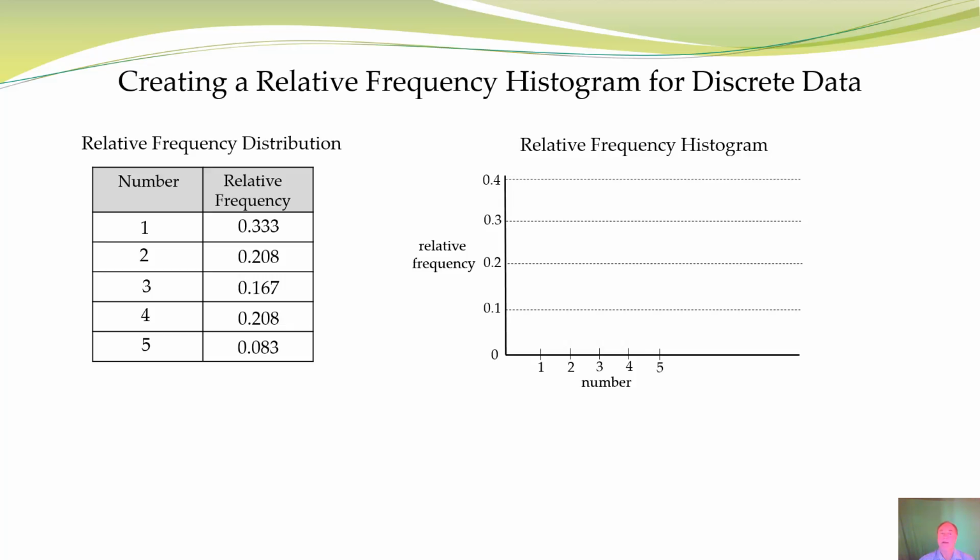Now, category 1 goes to 0.333, which is a little above 0.3. And then category 2 is 0.208, a little above 0.2. And then category 3, category 4, category 5. So we just draw the rectangular bars to the proper height and then make sure they touch.